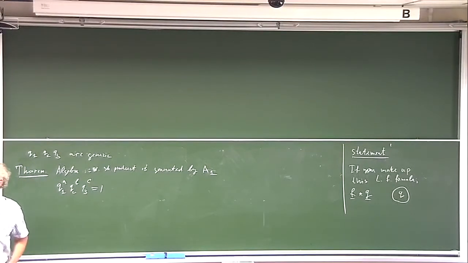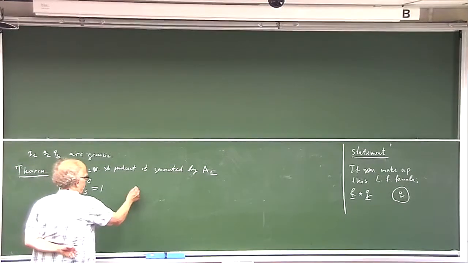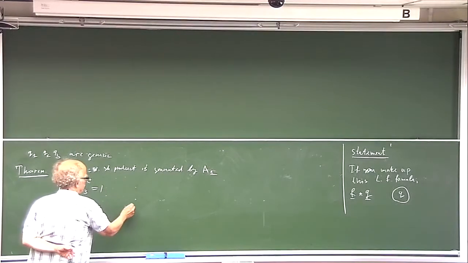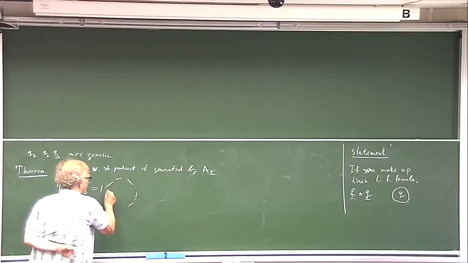If something like this is true, because of a similar reason we have a resonance condition, where A, B, C are just some non-negative integers. In this case, I can write Q1, Q2, Q3, and so on, like this.